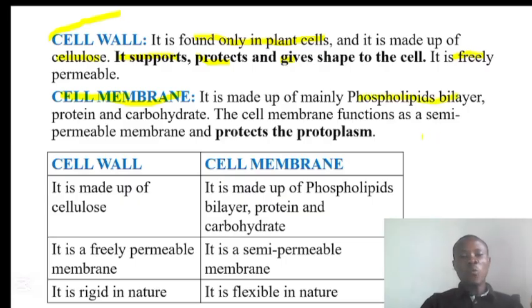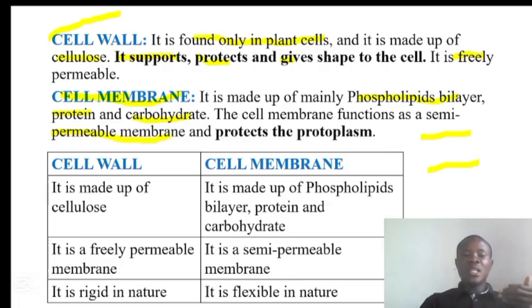That means we have one phospholipid layer at the upper part and one at the bottom. That's why we say phospholipid bilayer, two layers. It also consists of proteins and carbohydrates that are embedded within this phospholipid bilayer.